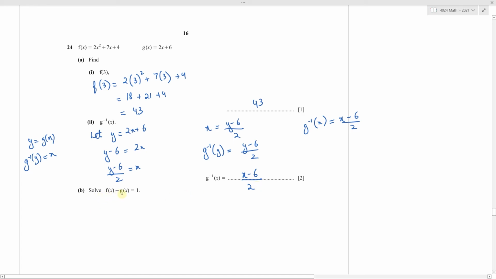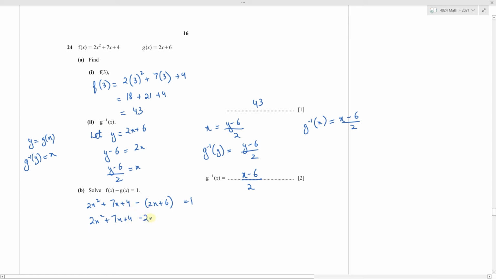Part B is solve f of x minus g of x equals 1. So f of x is this: 2x square plus 7x plus 4, minus g of x, which is 2x plus 6, equals 1. Let's open the bracket first. So this comes down as it is.